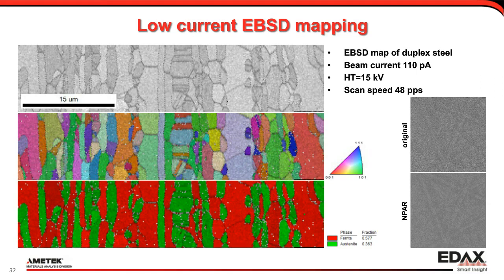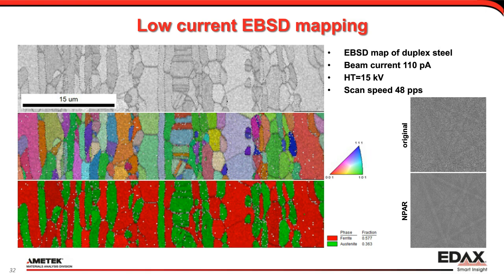Now, let's go back to low current mapping. This is a map at 110 picoamp, so it's about 1/3 of the low current pattern I showed earlier at 15 kV, 48 points a second.